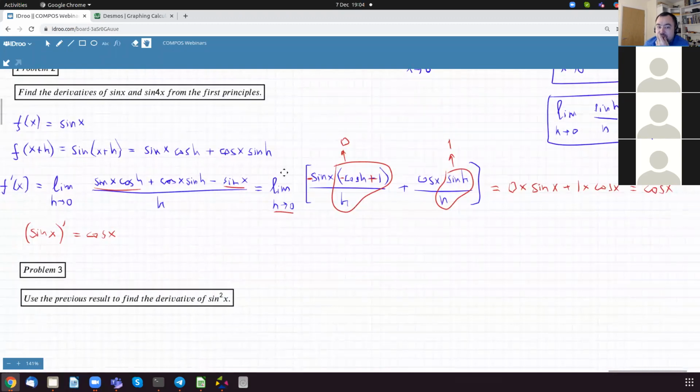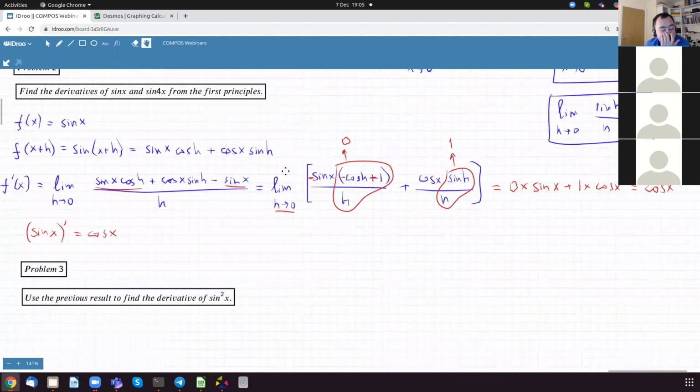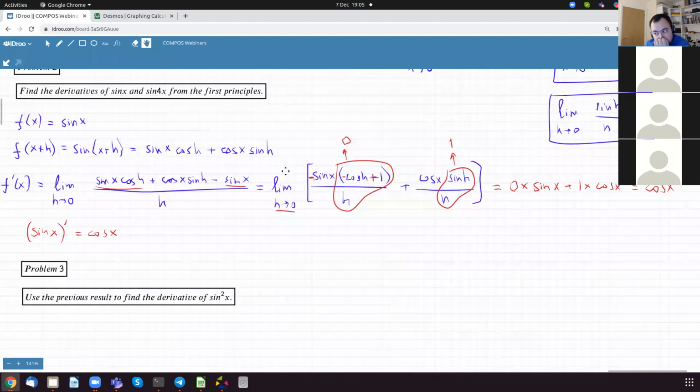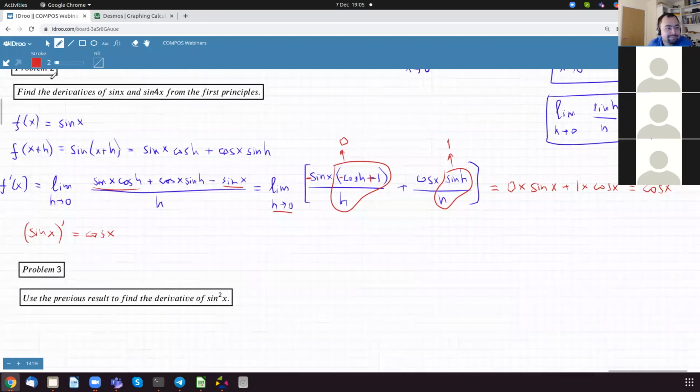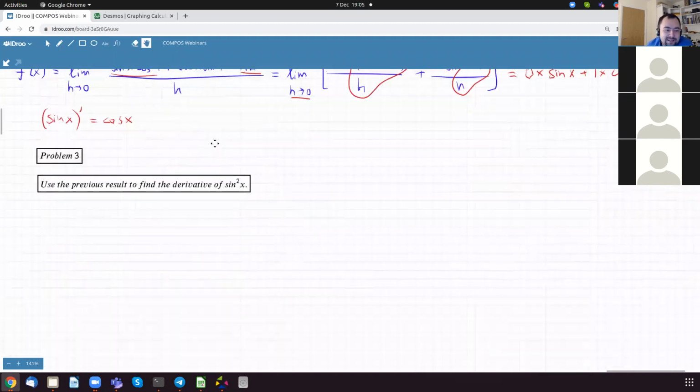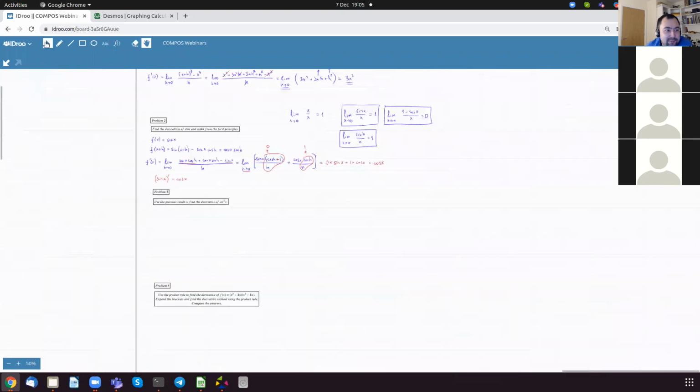Small angle approximation to prove that the derivative of sine x is cos x. Yeah, I don't immediately know how to do this, but maybe. Okay, so just move this a little bit.